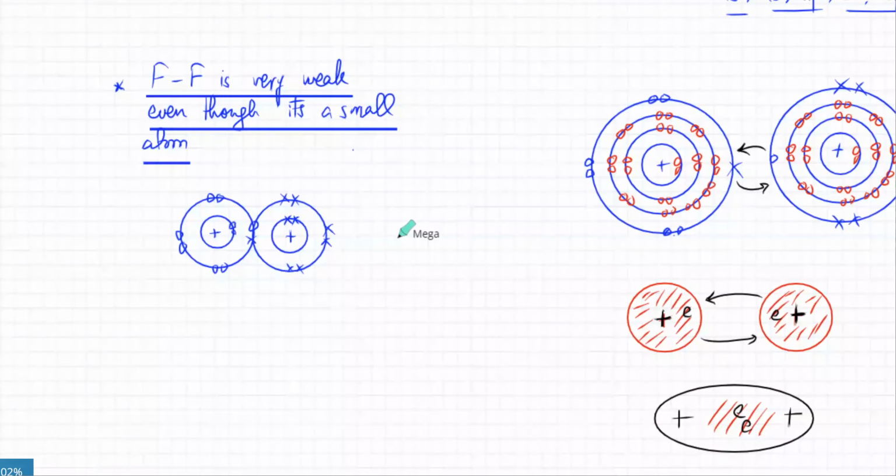But the thing with fluorine specifically is, fluorine has too many lone pairs. The nuclei are very, very strongly attracted to these shared electrons. The bond length is very small. It's a small atom, so they're very close to it. So they're very strongly attracted to the electrons.